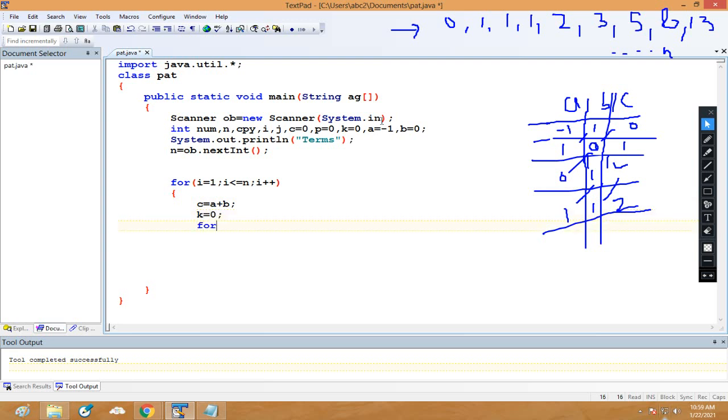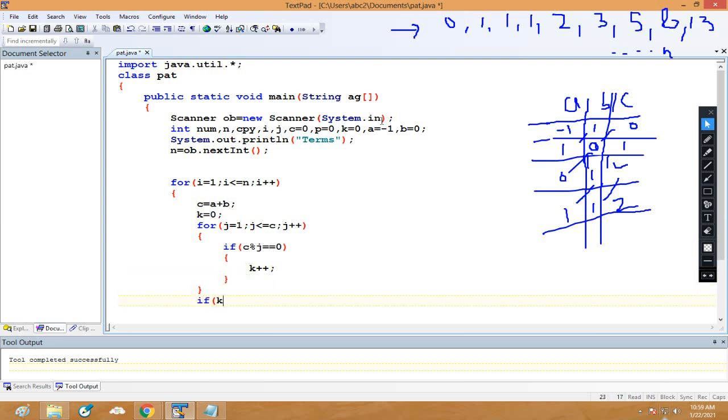So for that again we will generate a loop that has to start from 1 till c, then j plus plus. We will count the factors as usual. Everybody knows this. So if the condition is true, then we are counting this, right?